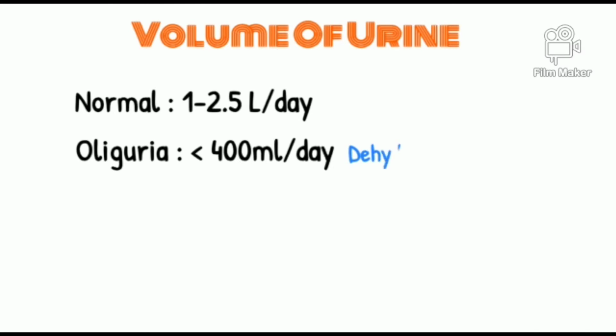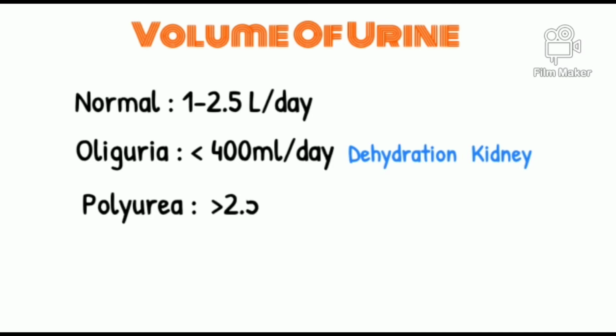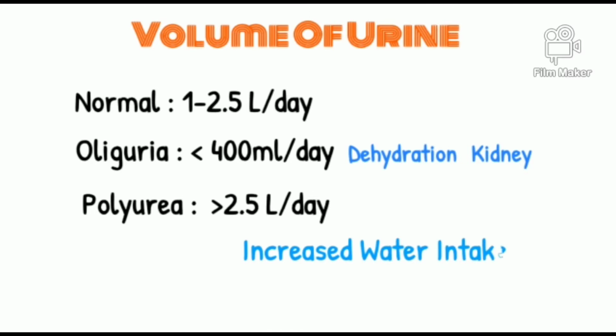Reduced urine output is generally seen in dehydration, kidney failure, etc. And if a person excretes more than the normal, that is more than 2.5 liters per day, we call it polyuria. Increased urine output is generally seen when a person has increased water ingestion, or if a person has diabetes mellitus.